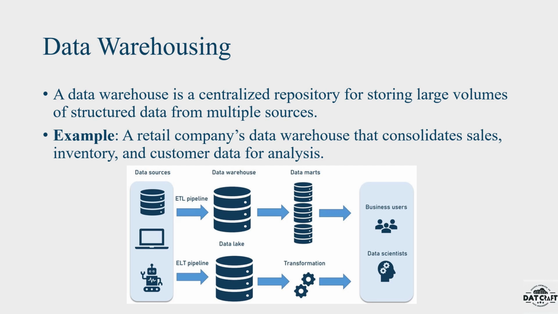For instance, a marketing data mart might focus on customer demographics and campaign performance, while data lakes are designed to store vast amounts of raw data in its native format until it is needed for analysis. An example would be storing raw sensor data from an IoT device in a cloud-based data lake, which can then be processed and analyzed as needed for the business.